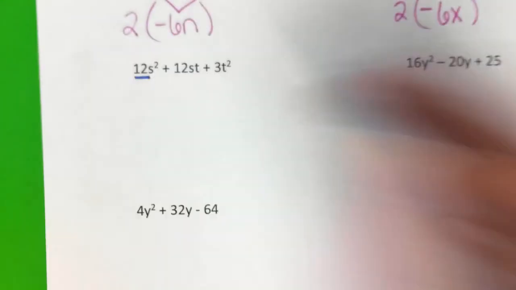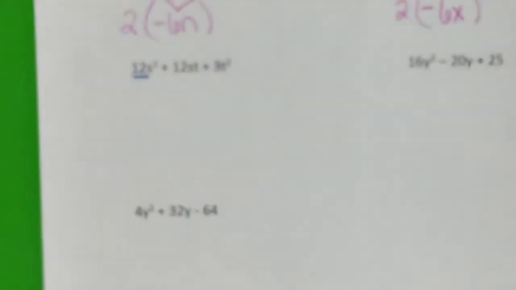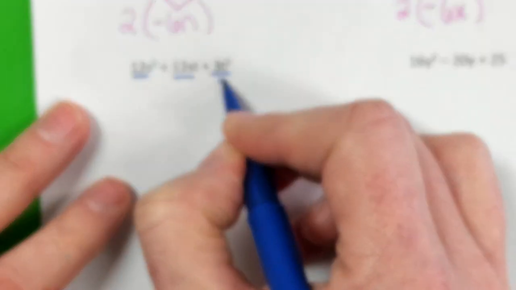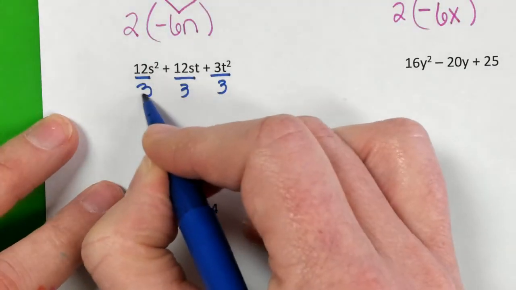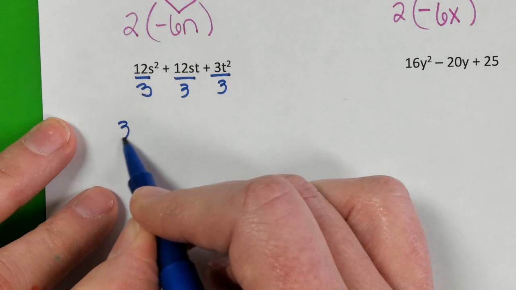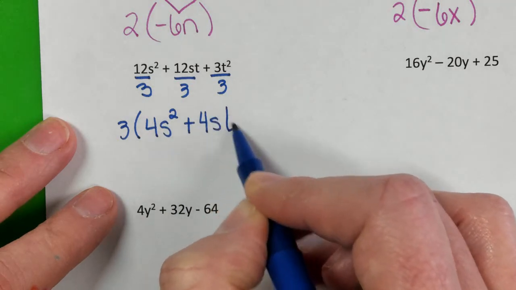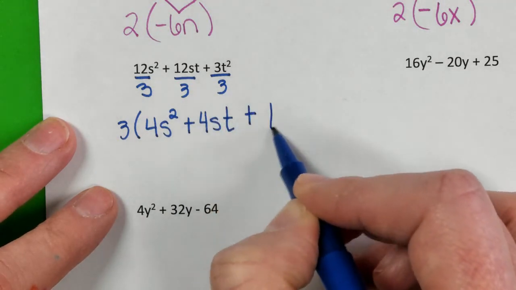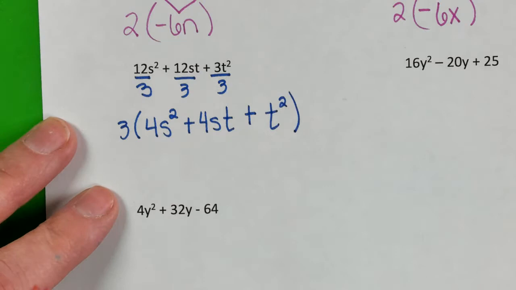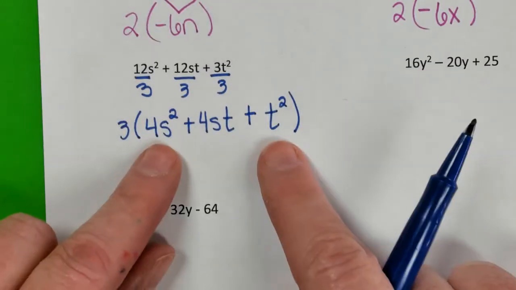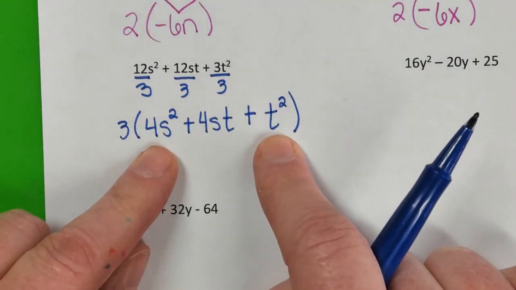The greatest common factor here that I could divide out would be a 3. If I divide out a 3, that leaves me with 4s squared plus 4st plus t squared. Now do I have perfect squares?